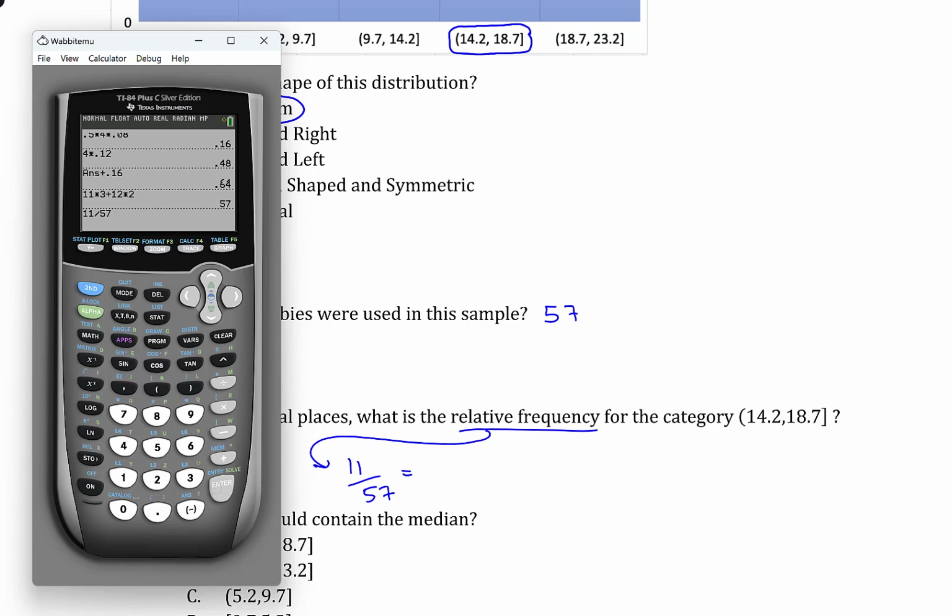So this would be the 35th value, basically. This would be the 23rd value. So that means the 28.5 value is somewhere inside this range right here. So I'm looking at 9.7 to 14.2. And that's that one right there.